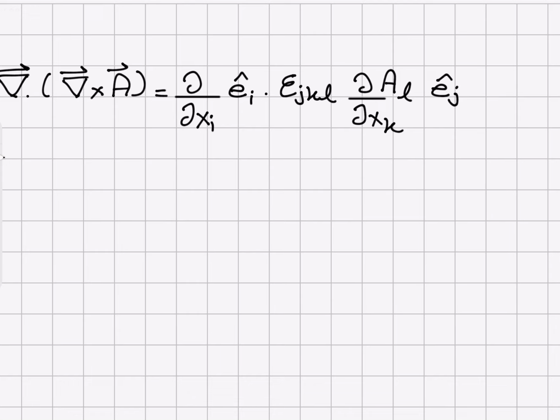So this is equal to del xi. Now we have two vectors, ei hat and ej hat.